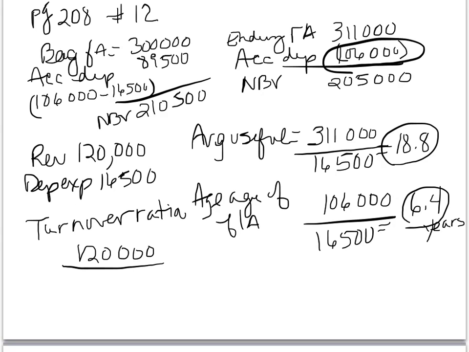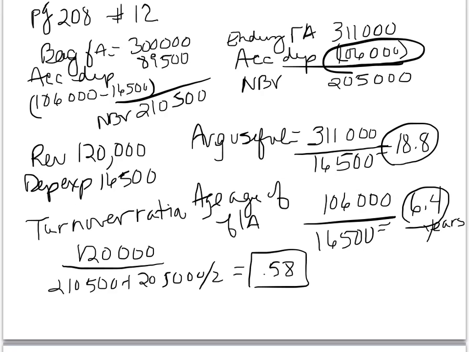We're going to divide it by the beginning, which is 210,500, plus 205, divided by 2, is going to give us 0.58. So what that means is for every dollar of revenue, we get 0.58 cents in usage of our assets. Hopefully this problem will help you as you go through and you do your homework.